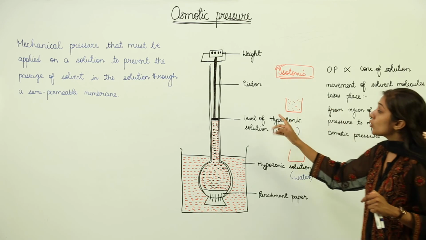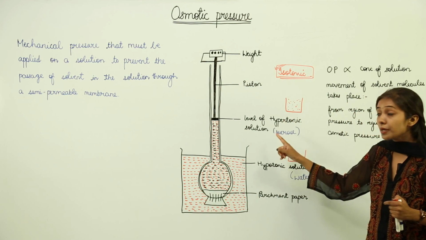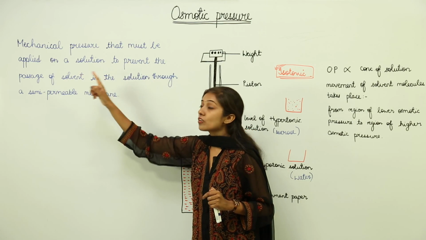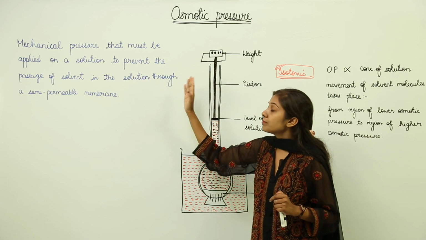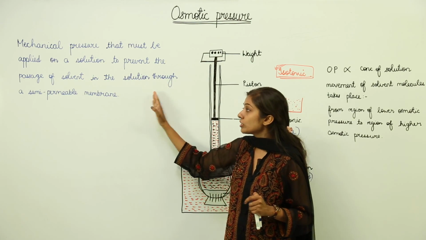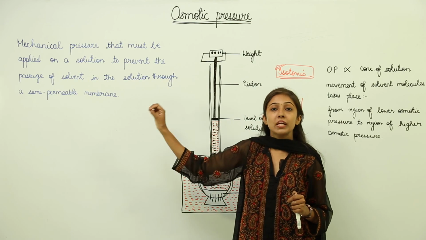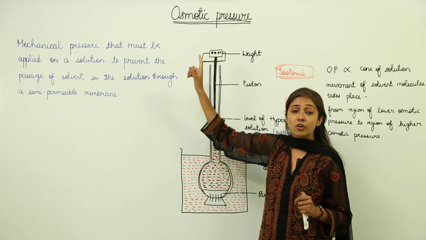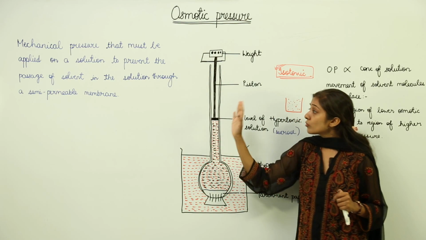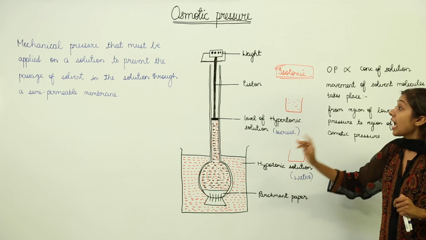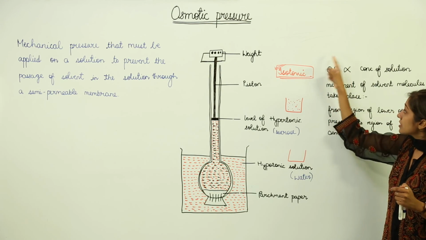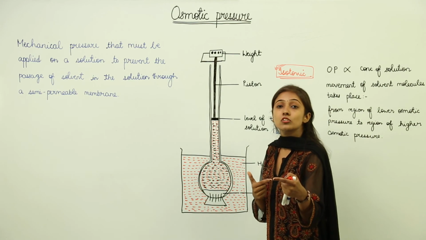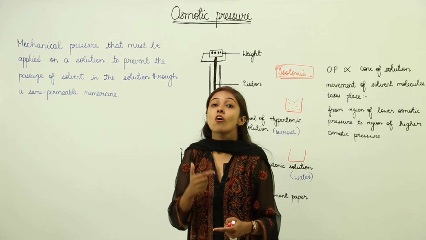So, this is how you will demonstrate osmotic pressure, means the mechanical pressure that must be applied on a solution to prevent the passage of solvent into the solution through a semi-permeable membrane. So, I hope you will be able to define osmotic pressure, you will be able to demonstrate this with the help of this activity, and you now know that osmotic pressure is directly proportional to the concentration of the solution. The more concentrated the solution, the more is going to be the osmotic pressure.